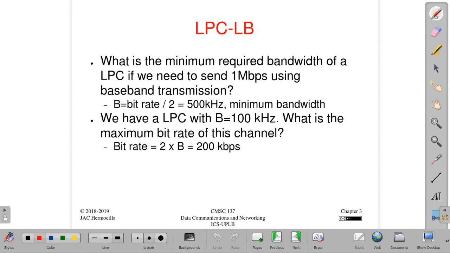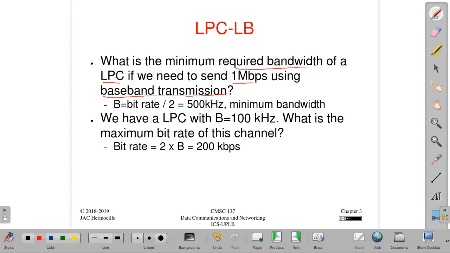So some problem solving here. The question is, what is the minimum required bandwidth of a low pass channel if we need to send 1 Mbps using baseband transmission?